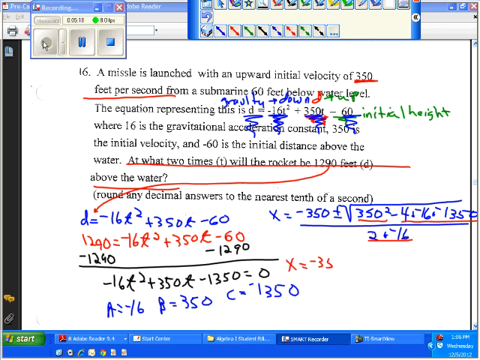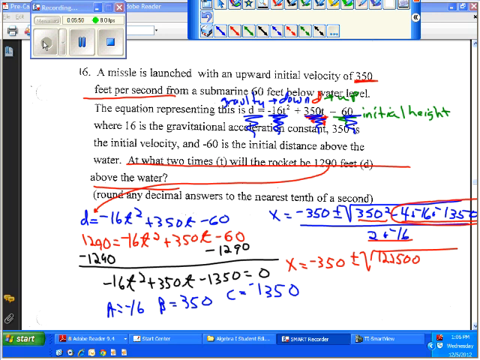X is equal to negative 350 plus or minus 350 squared would be 122,500. Okay. And then we're going to have the negative 4 times negative 16 times negative 1,350.